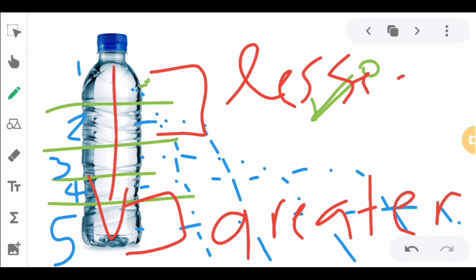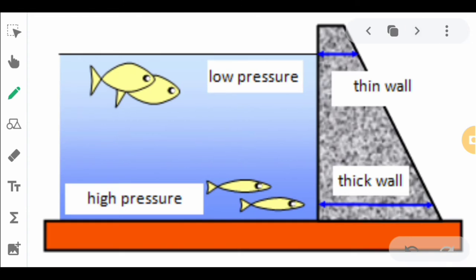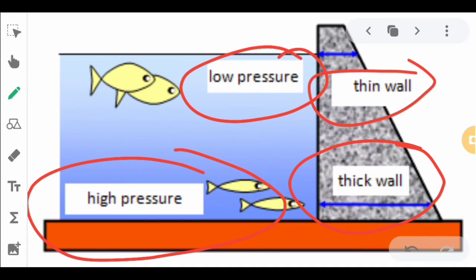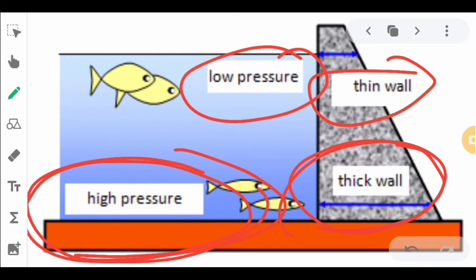And that is why in the construction of dams, since the water has a high pressure at the bottom and a low pressure at the upper part of the water, the construction of the dam is thicker. It has a thicker wall on the bottom and a thinner wall on the upper part of the dam to avoid the collapse of the dam and damage to many lives. The construction is designed to have a thicker wall in response to the higher pressure of the water.